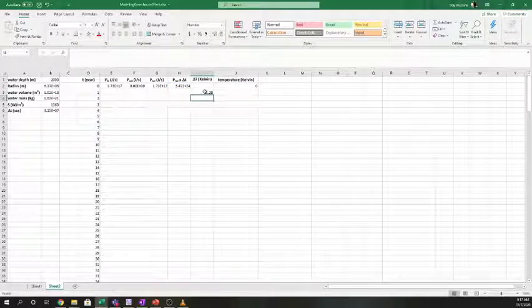And I see 1.28, that's a little bit smaller than the 1.31 that we calculated by hand, but that came from rounding errors.